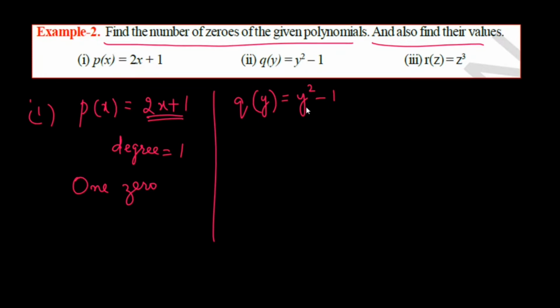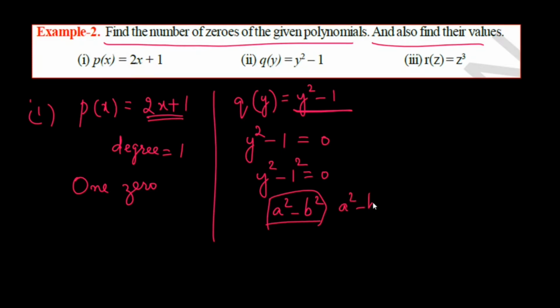In order to find the zeros, the polynomial is to be equated to 0. Y square minus 1 is equal to 0. Here this 1 can be written as 1 square. Y square minus 1 square. This is in a square minus b square form.